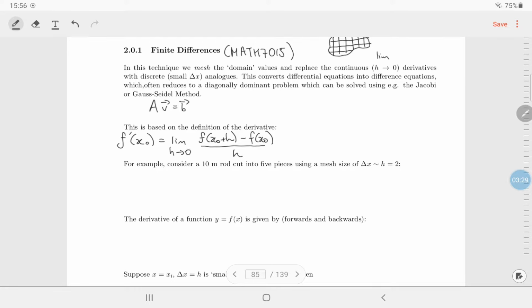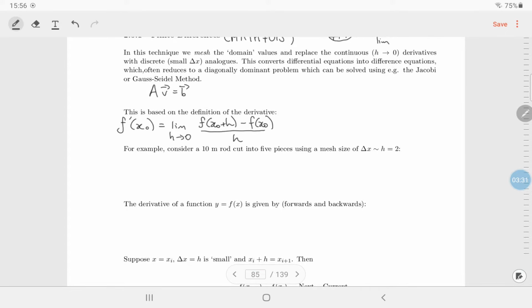Now, as h gets smaller and smaller, the thing on the right gets closer and closer to the derivative.